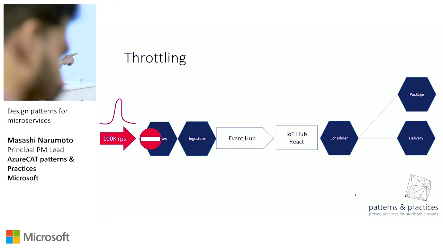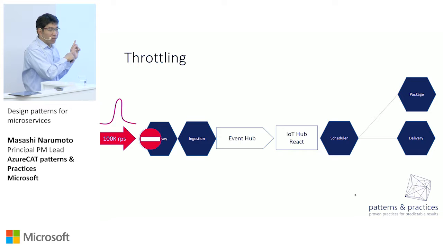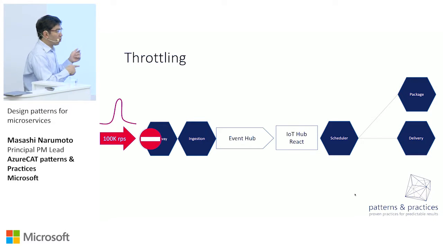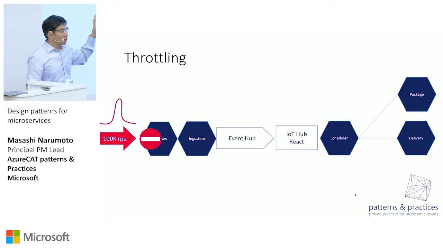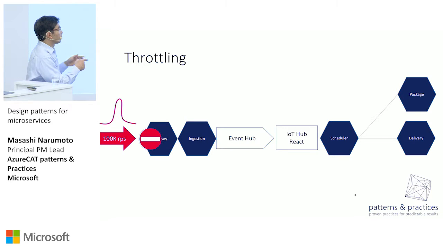But this one may look simpler, but it's not easy to implement because you have to monitor the pace of requests coming, right? It might be easier for single tenant, but if your app is multi-tenant, you have to monitor per tenant, and you have to reject the tenant making too many requests, not everybody else.